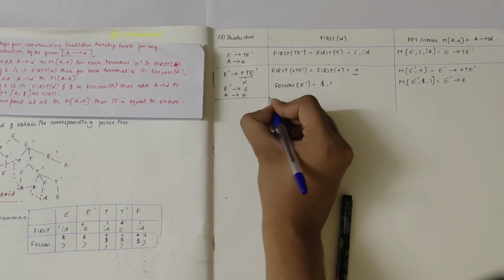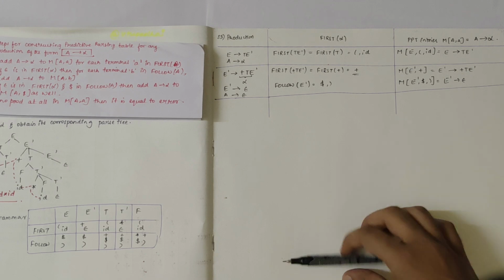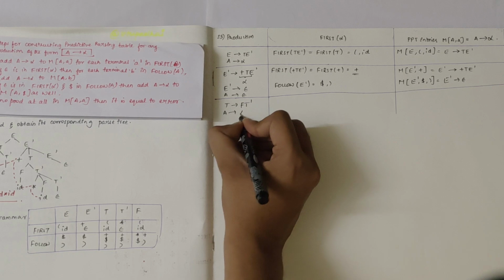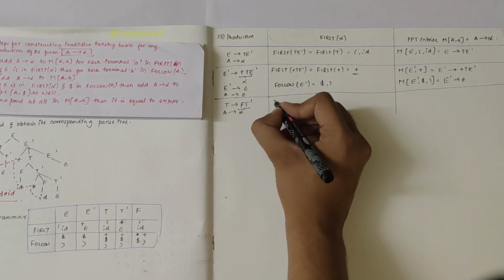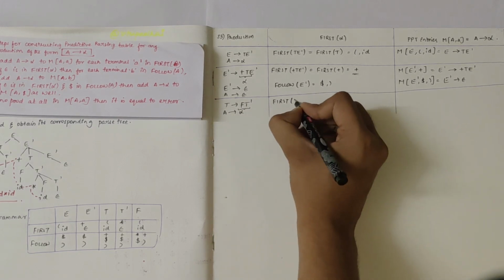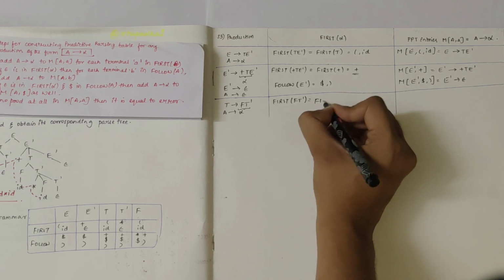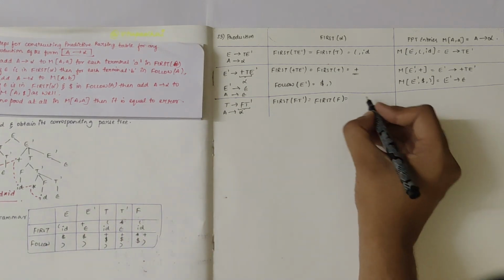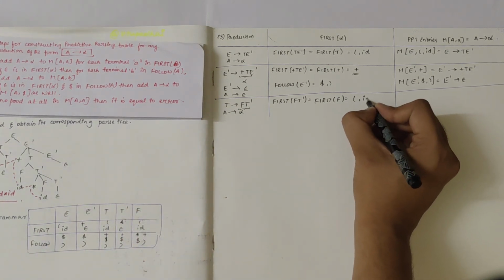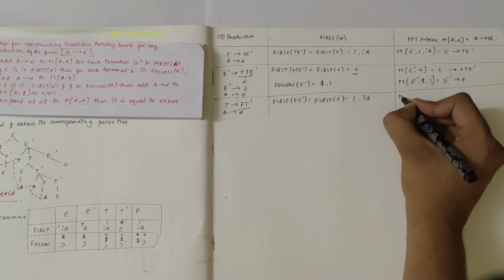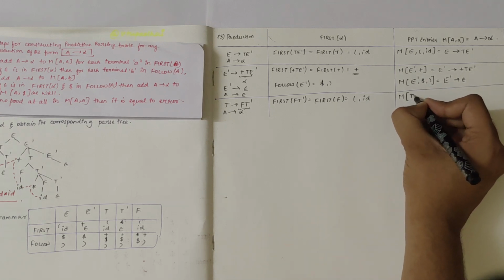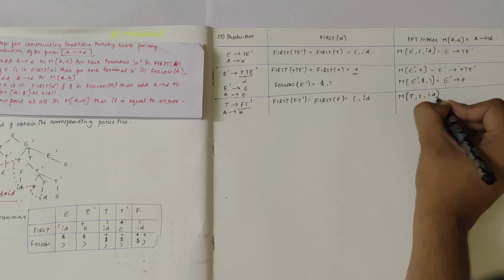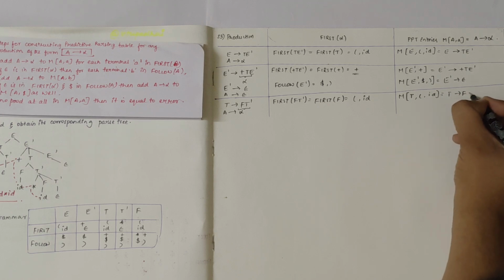Now let's look into the next production, that is T derives FT dash. This is easy, taking this entire thing as alpha. First of FT dash, that is first of F, is open bracket and ID, right? So here we can write M of T comma open bracket comma ID is equal to T derives FT dash.